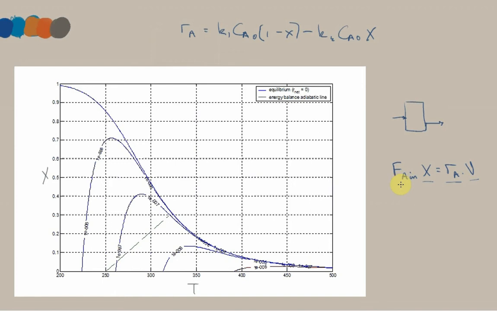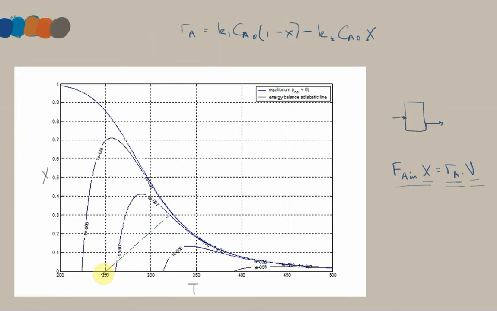So once more, if we regard this as a fixed number, then if we are operating close to equilibrium, this number is going to be very small, which means that to be equal to this, the volume is very large. Or another way to say it is, as we get closer and closer to a point where the reaction rate is zero, the volume goes off to infinity.